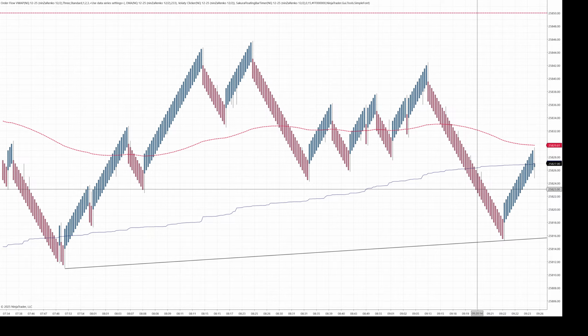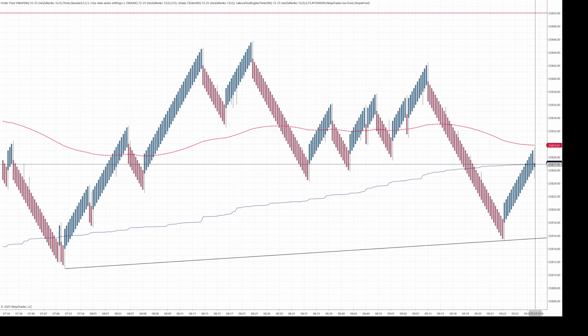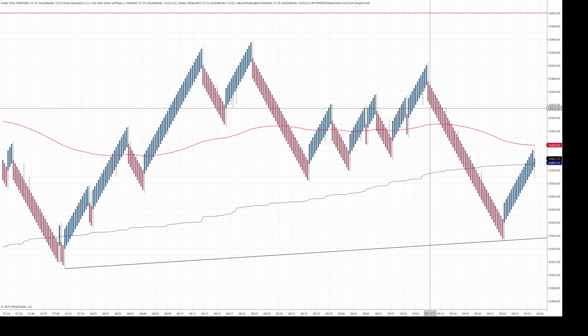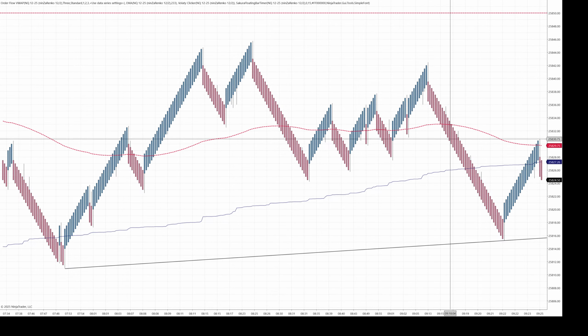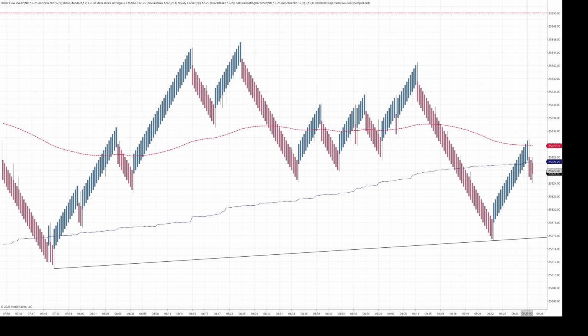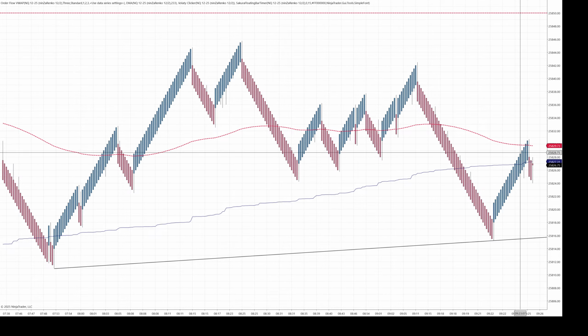If the market is flat or choppy, you're going to see it just going back and forth, back and forth. But if the market is trending, you're going to clearly see bricks that are layered next to each other. And you can see here we're reversing to the downside, right? At a key level.